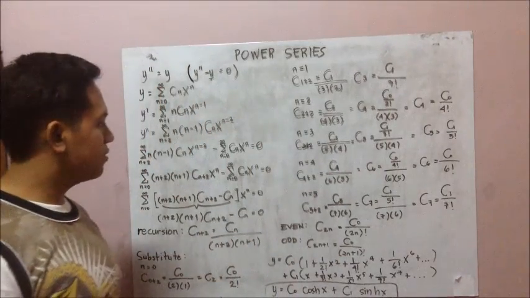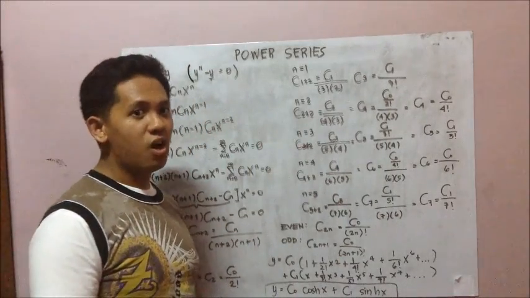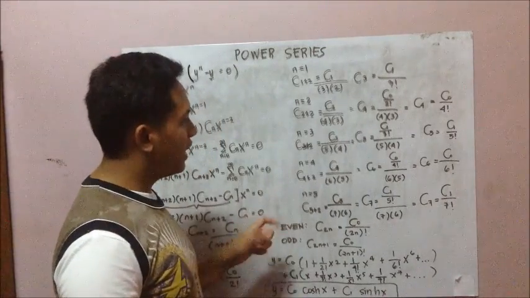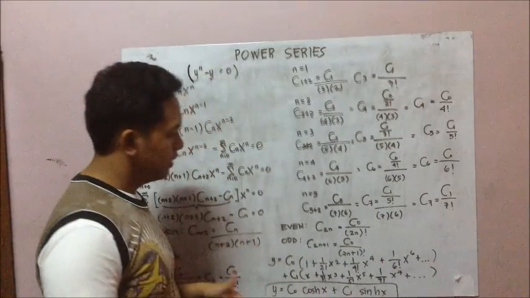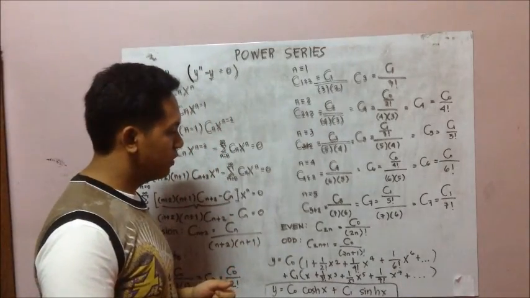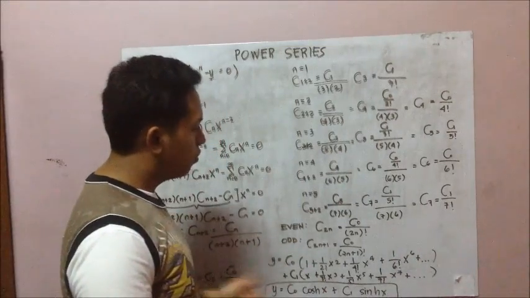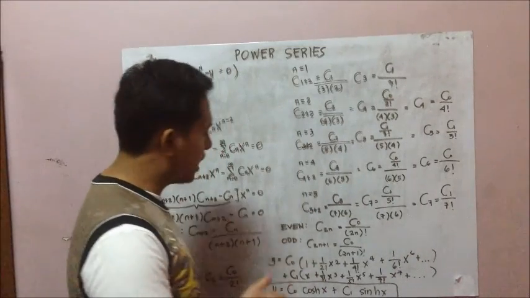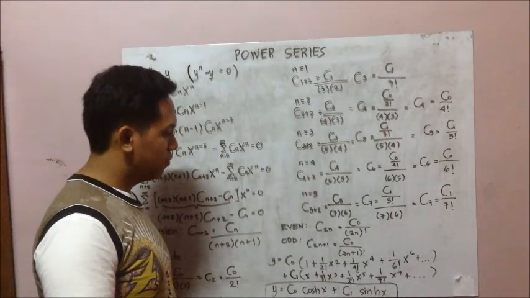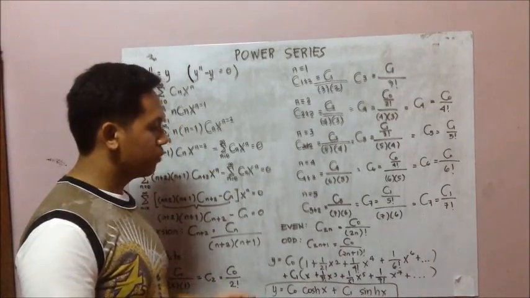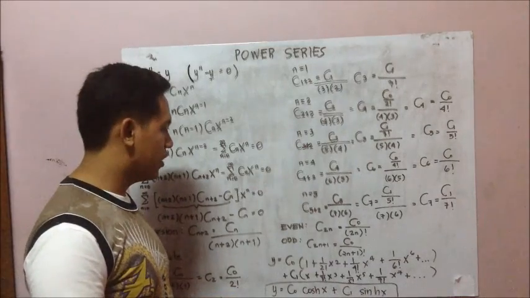So we have extracted the first terms of our power series. So we have created a pattern for even: c_(2n) is equal to c_0 over 2n factorial. For odd, we have c_(2n plus 1) is equal to c_1 over 2n plus 1 factorial.